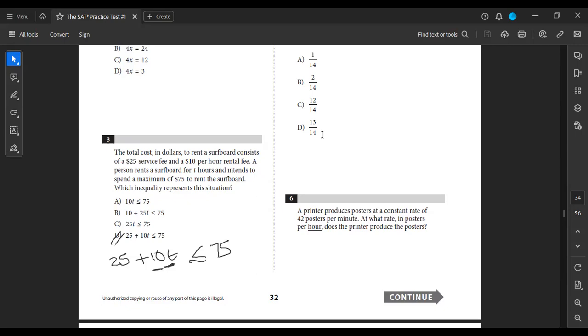So we're going to pay 10 plus 25, which is 35. So if we replace T with 1, it's 10 plus 25, which is 35. And we know that however many hours, this person only has maybe $75. So that's a maximum. So we can represent this situation like that.